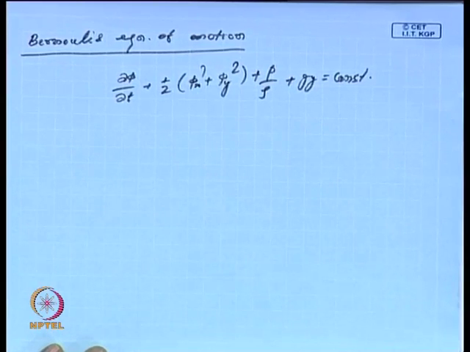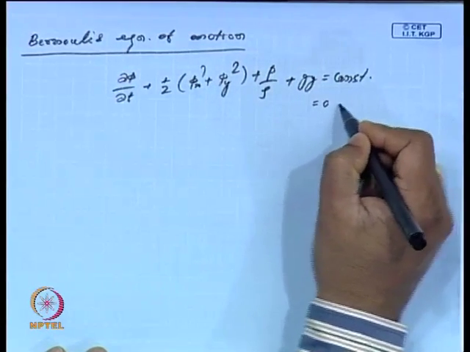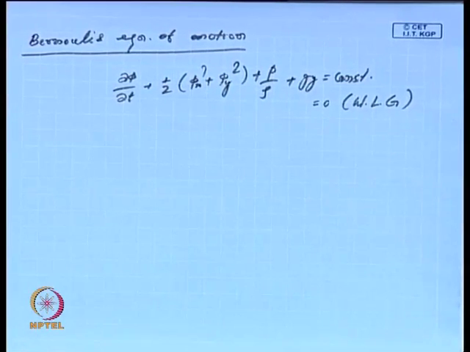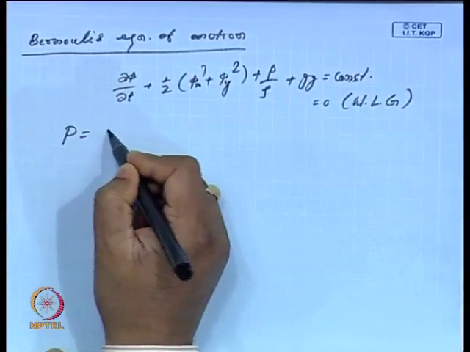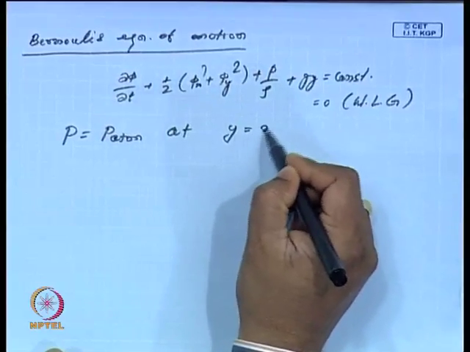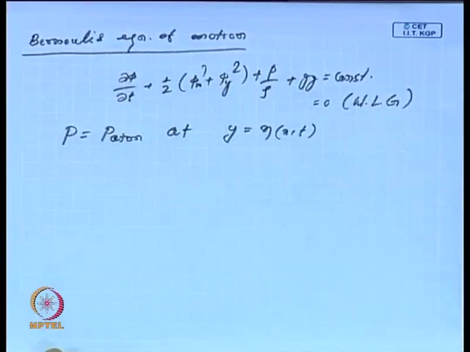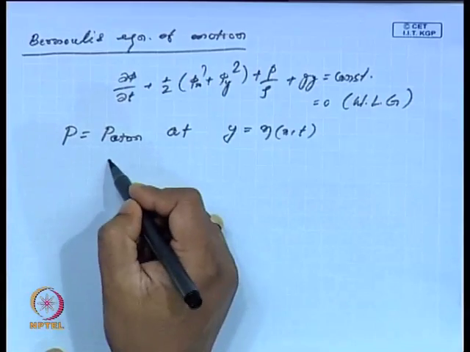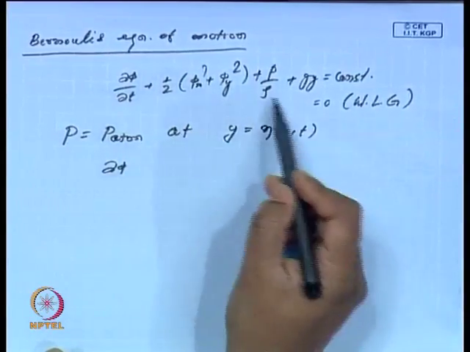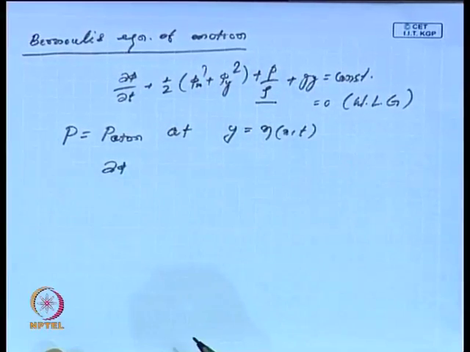This constant can be taken as 0 without loss of generality, because we are dealing with a problem where the free surface is very dynamic. Then on the free surface I say that P is equal to P atmosphere at y is equal to eta. Here P is the fluid pressure and rho is the density of the fluid.